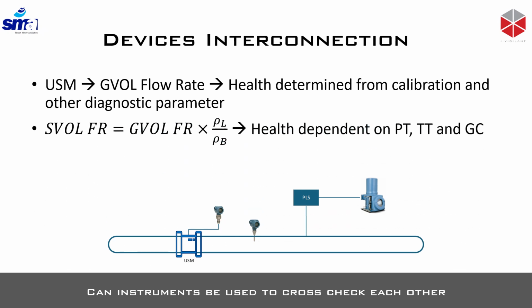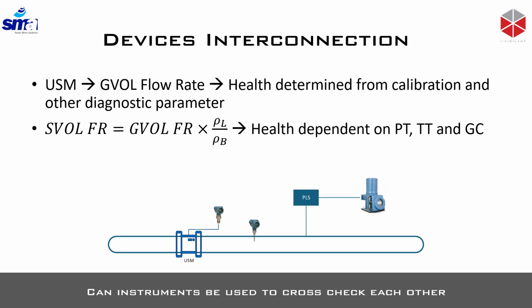Following the gross volume flow rate, we then calculate the standard volume flow rate, and the standard volume flow rate is calculated by multiplying the gross volume flow rate by the line density and then dividing by the base density. So the determination of the line density and base density is dependent on the pressure, temperature, and gas composition.